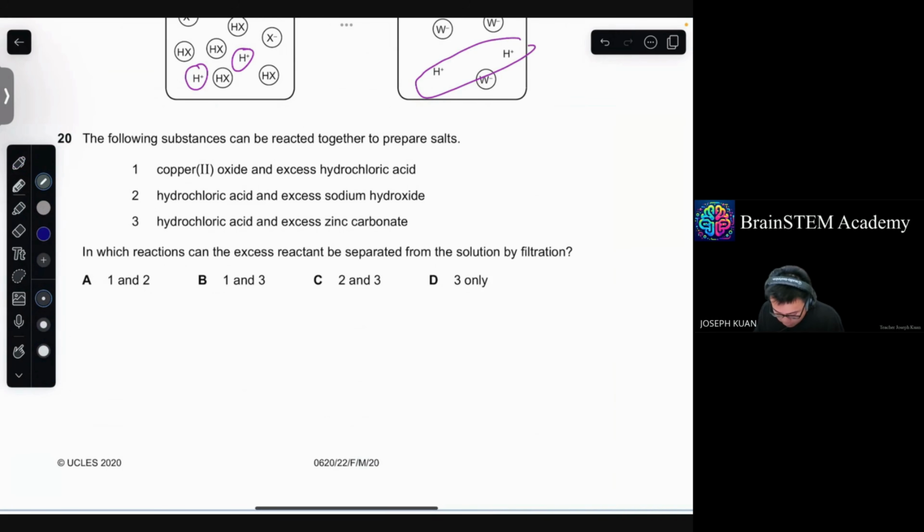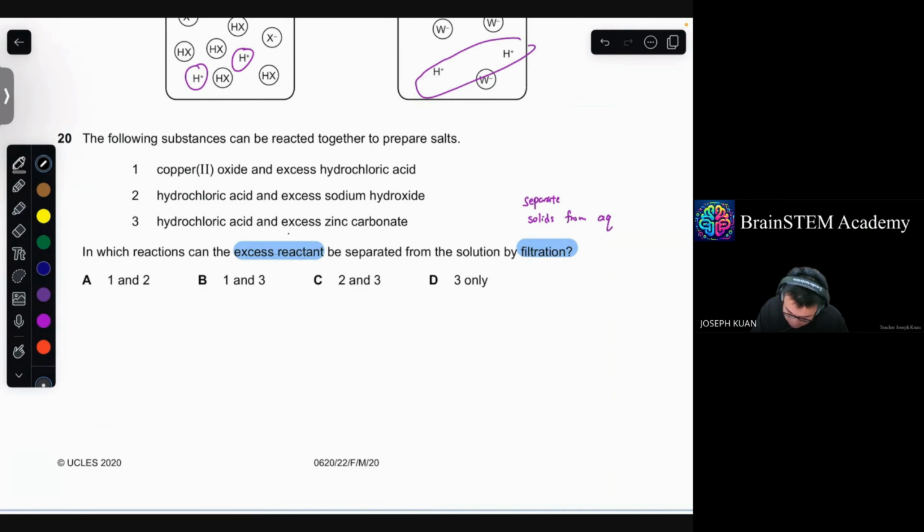When you see the word filtration, you should think of separation of solids from aqueous solutions. So where do the solids come from? It's the excess reactants. So we have to see whether the solid component is in excess.